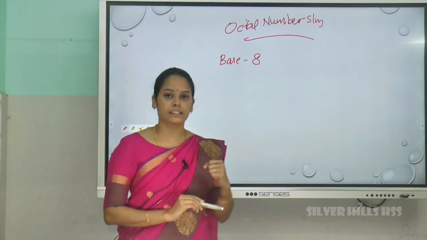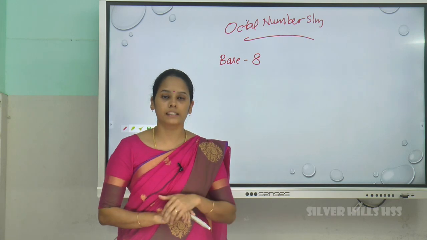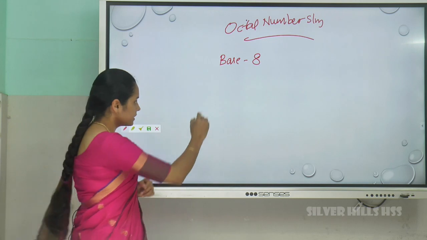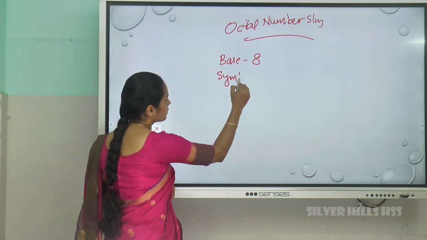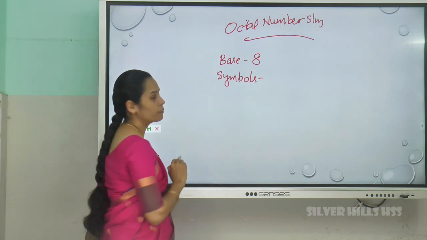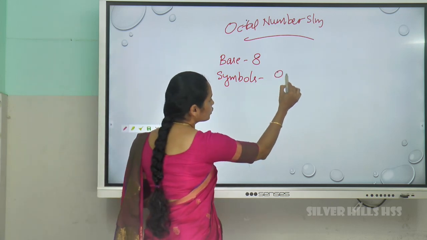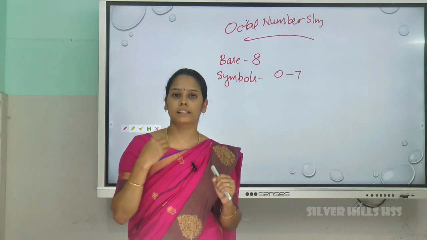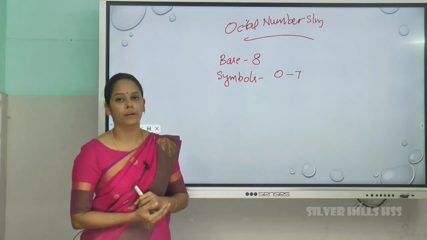If we are saying 8 is the base, then how many symbols will be there inside that octal number system? It will be having 8 symbols. The symbols used in the octal number system are 0 to 7. We can use the numbers 0, 1, 2, 3 up to 7 to represent any number in this octal number system.